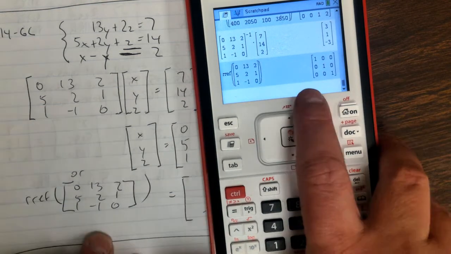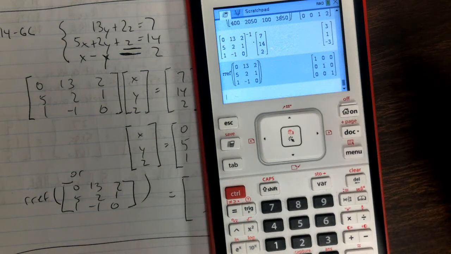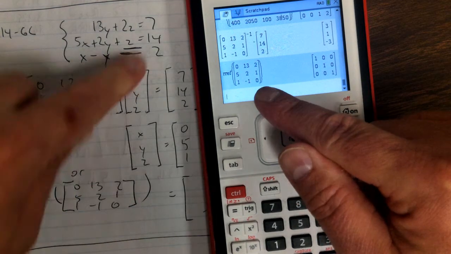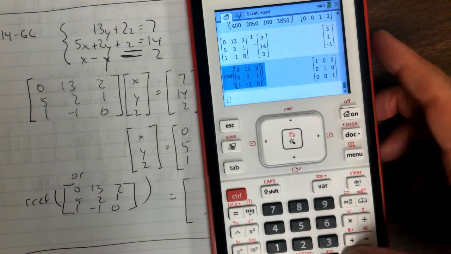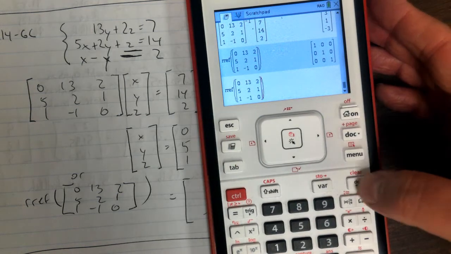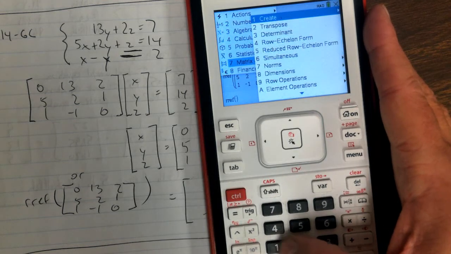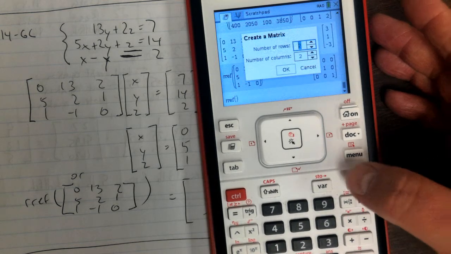So when you do your ref, doing that off the top of my head, I've left off the 7, 14, 2. So that's probably a good example of a mistake. So I really want a 3 by 4.